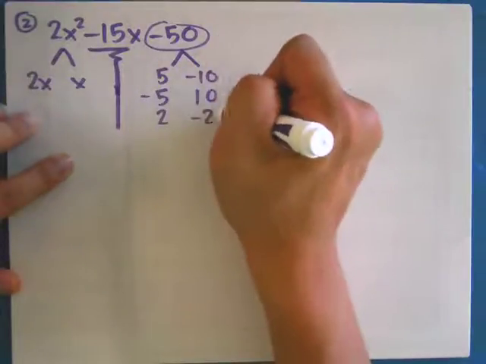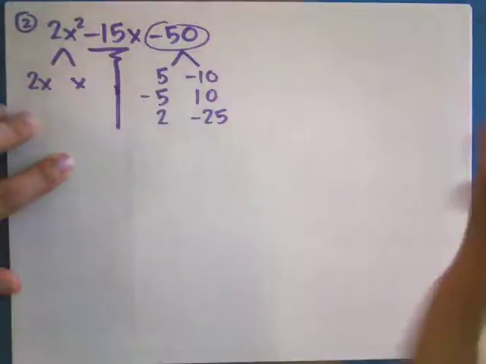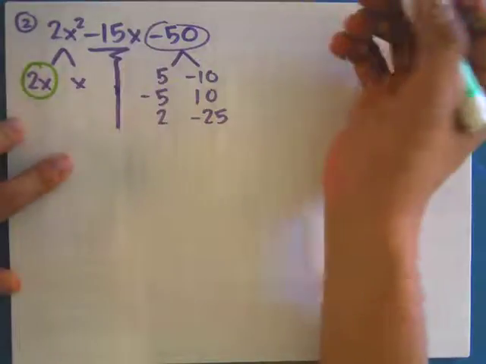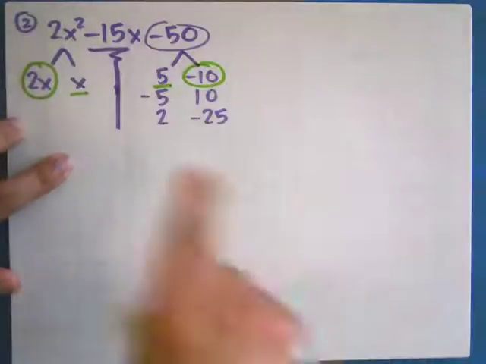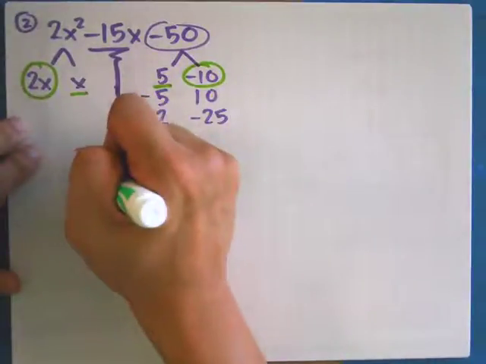Shoot, even 2 and negative 25 could work too, but the correct pair is going to be 2x with the negative 10, because that's going to be negative 20, and then you add that with the positive 5. You're going to get that. I'm going to write this.